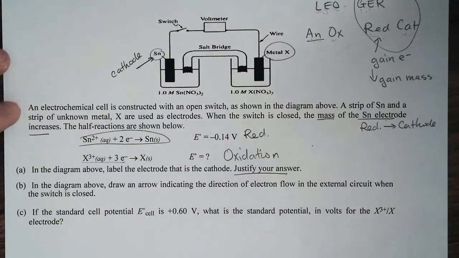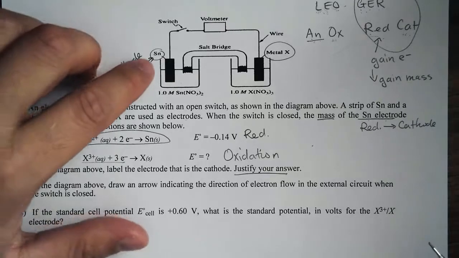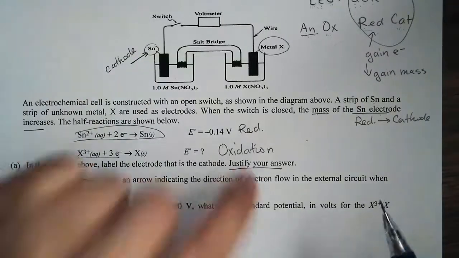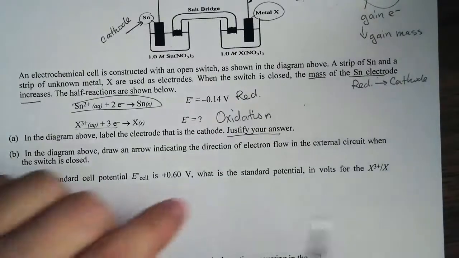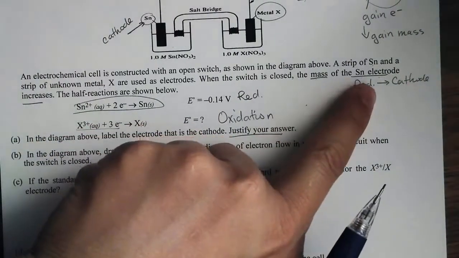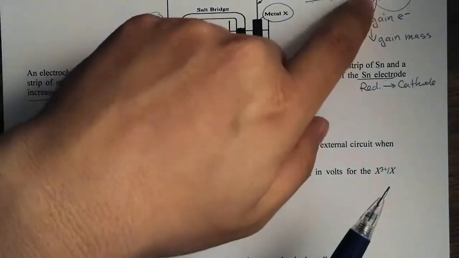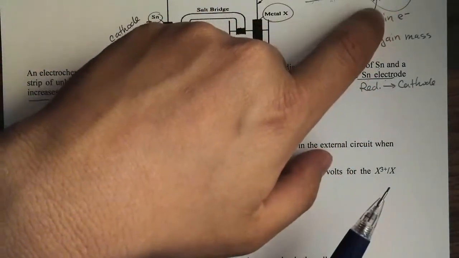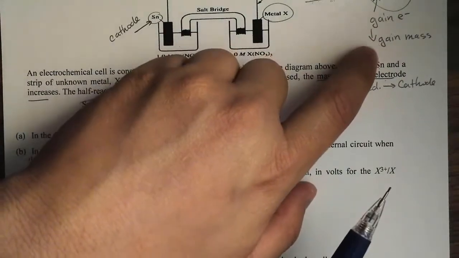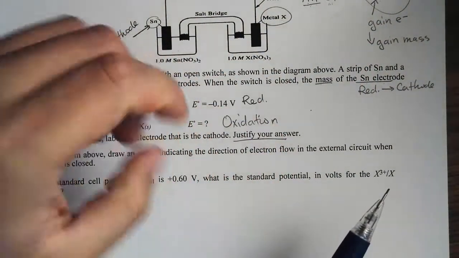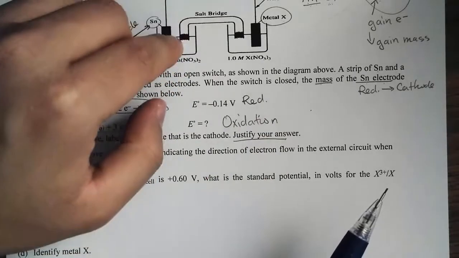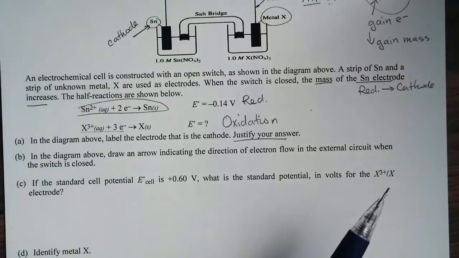So that's how mass is being added to the tin electrode. I'm not going to write it down. You write it down, okay? So again, because the mass increases in the tin electrode, we know that reduction occurred, because gained electrons interact with the metal ions, and that produces solid metal on the outside of the electrode, which increases the mass, okay?